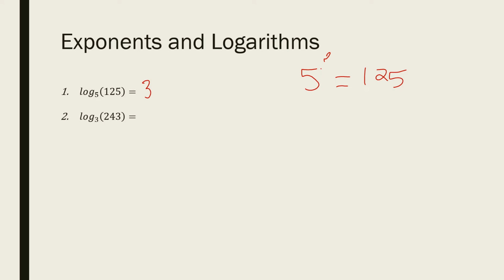Another example, log base 3 of 243. The question you want to ask yourself here is, 3 to what power gives you 243? 5. 3 to the fifth power is 243, so that means the answer is 5.